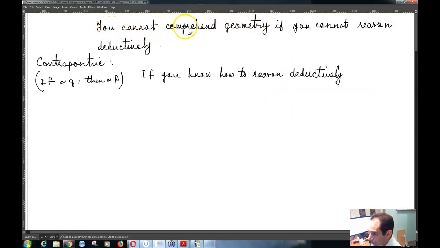So here you have you cannot comprehend geometry. The negation of that would be then you can comprehend geometry.